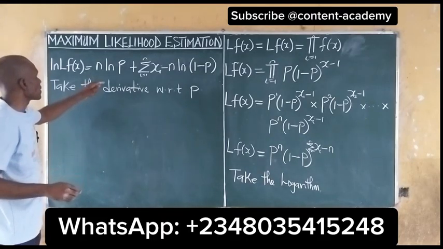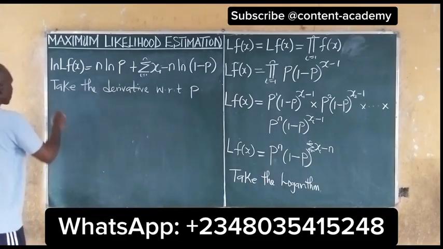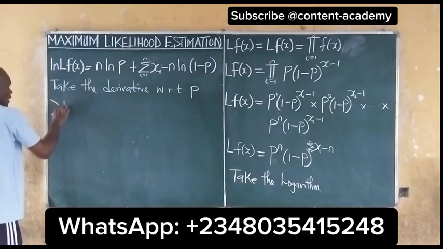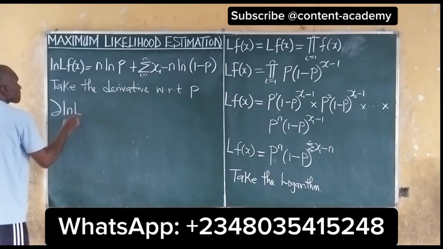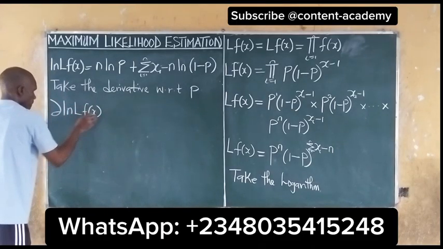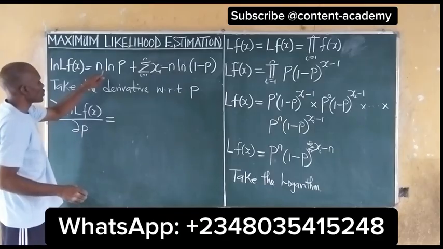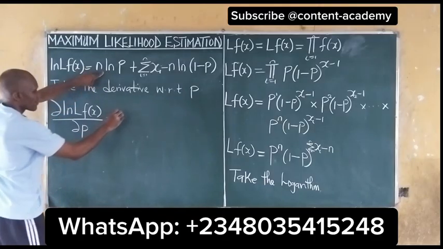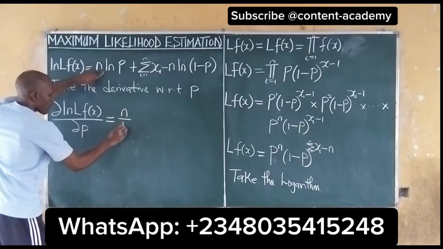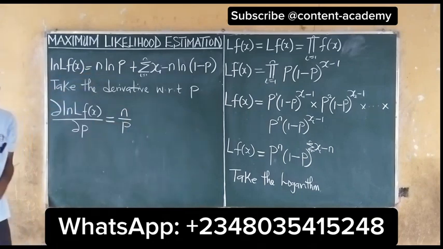Now, if we take the derivative of this function with respect to p, if we differentiate this with respect to p, we have n all over p. This is what we get.